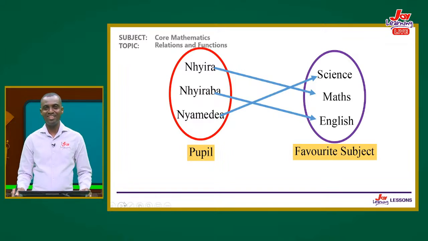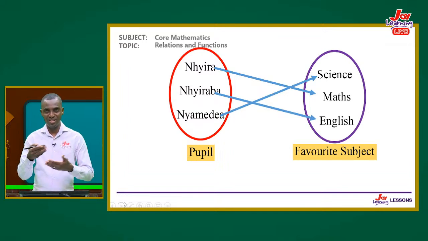Before this day, maybe you might have seen me somewhere and you didn't know me, so you bypassed me. But after today, next time you meet me in town, you say, I know this man. Oh, he's the core maths facilitator for Joy Learning. Now there has been a relation. When you see me and maybe you're walking with your parent and you say, I do know him, he has been teaching core math on Joy Learning, so now the relation has been me and you.